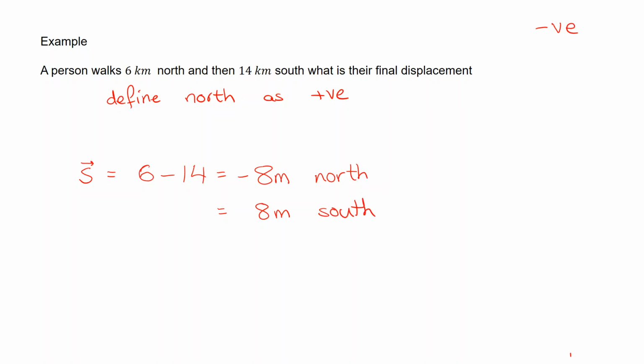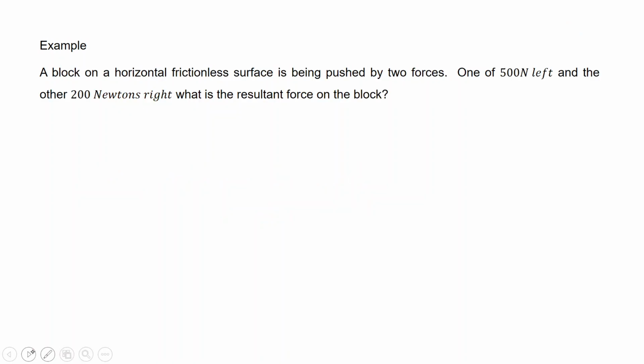Okay, next. Okay, so here again we're looking at the two directions and we've got left and right, which are opposite directions. So let's define one as positive. Convention would be to define right as positive. I'm going to define left as positive this time, just because I can see that the larger number is left. So define left as positive.